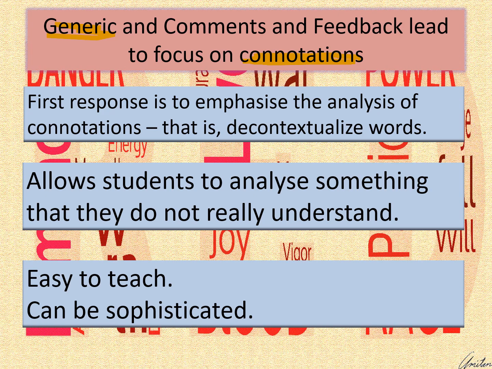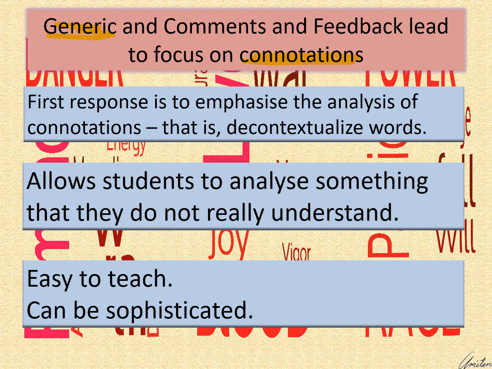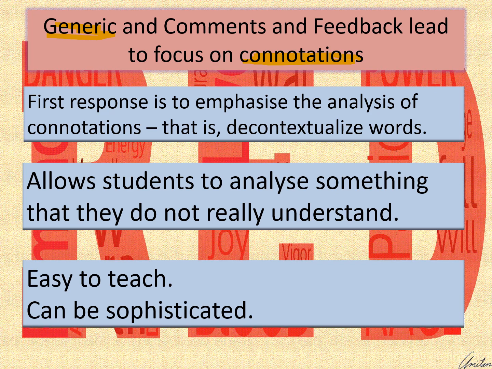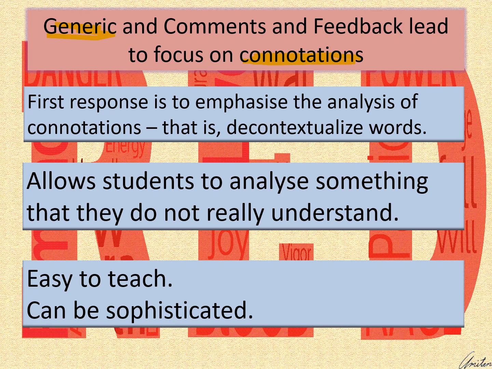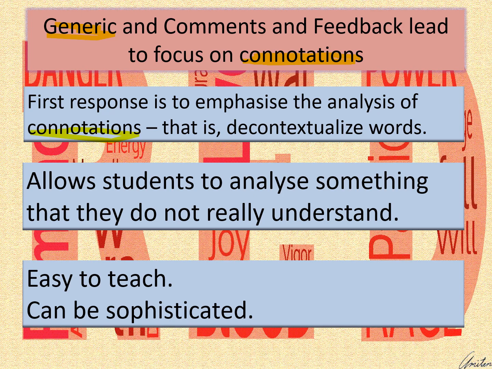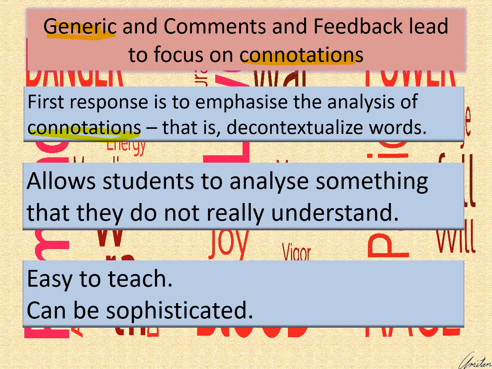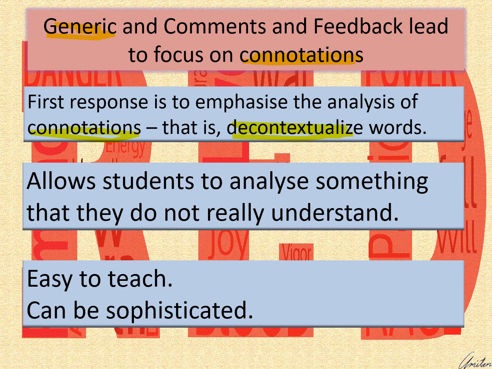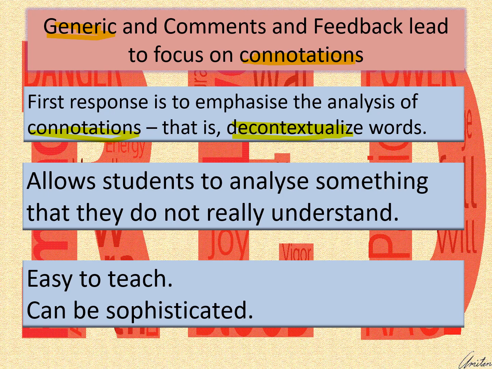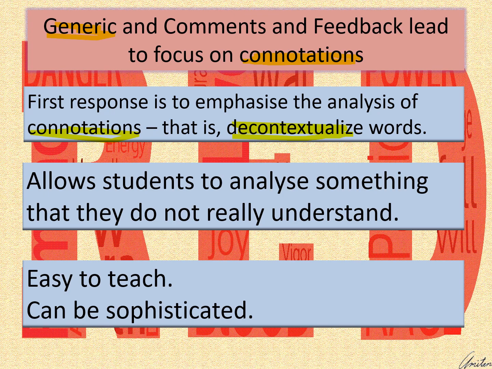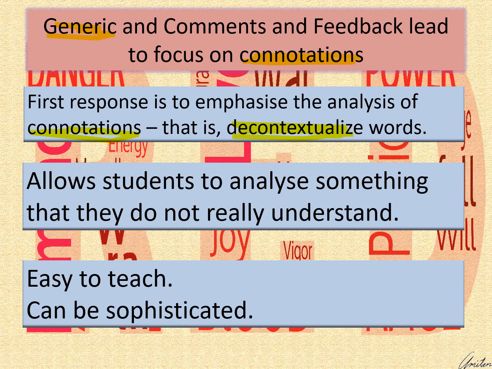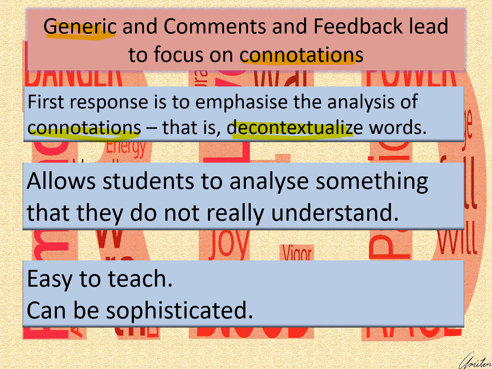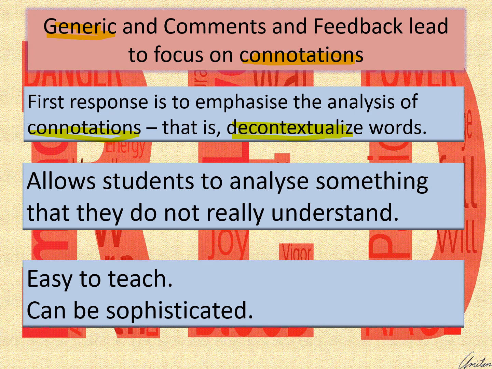So I would say the first response to generic analysis of literary text is to focus on connotations of individual words. That is, of course, to look at them maybe even separate to the text itself. So like I just did with the word sun, you can analyse the connotations of sun in any text that includes that word.